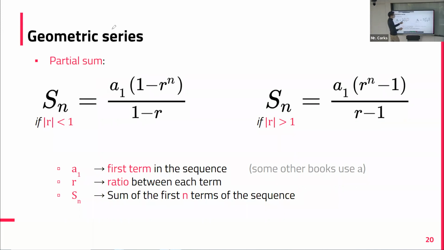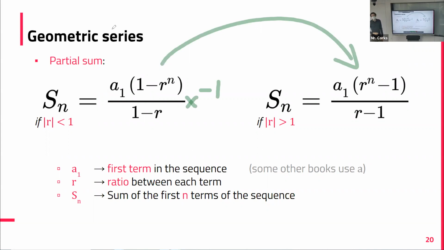If we take this one on the left and we want to go to this one on the right, what would we do? Multiply by just -1? If we multiply by -1, we're changing the result. Can we do this in a way where we don't change the result?